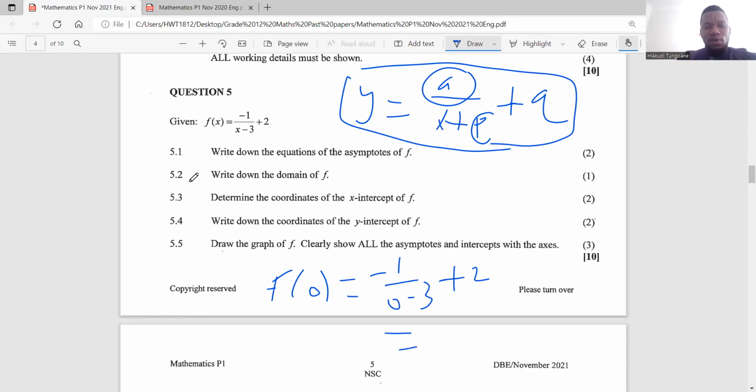So this will give you minus 1 over minus 3, which gives you 1 over 3 plus 2, right? That's the answer. So this is equivalent to saying, if you multiply by 3 over 3, this is the same as saying 2 over 3 essentially. Okay, I mean to say this is the same as, actually I'm running out of space.